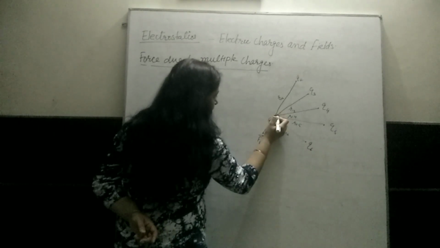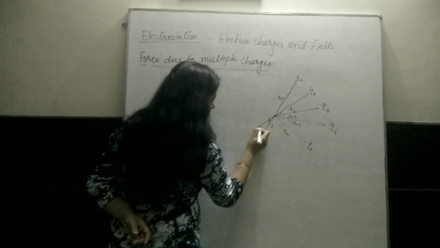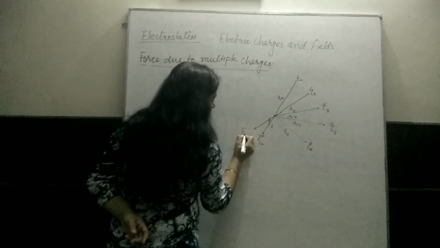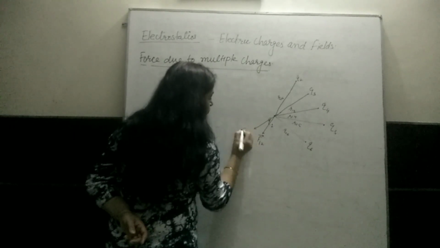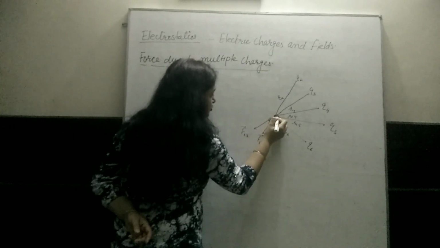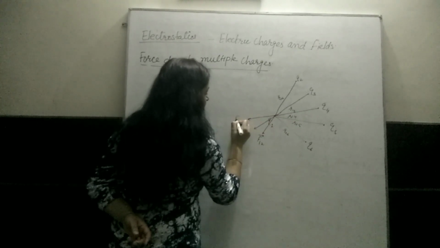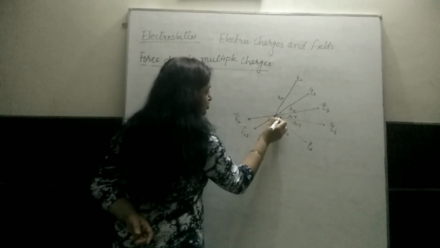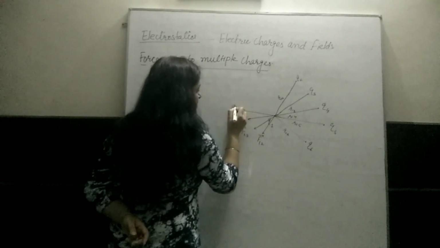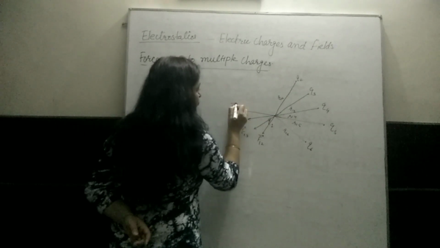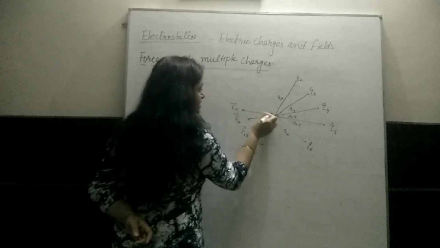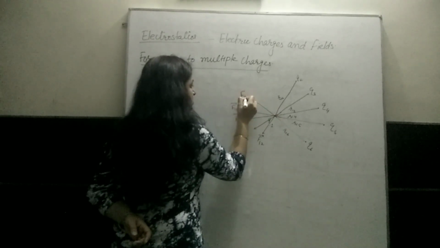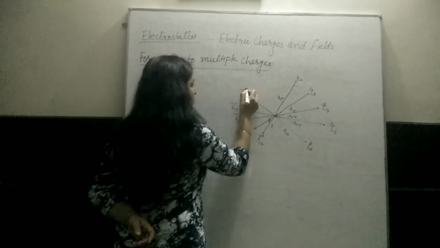Another charge Q3 is pushing it, this is the force on 1 due to 3. Q4 is pushing it, this is the force on 1 due to 4. This is the force on 1 due to 5, and this is 6, also pushing it, the force on 1 due to 6.